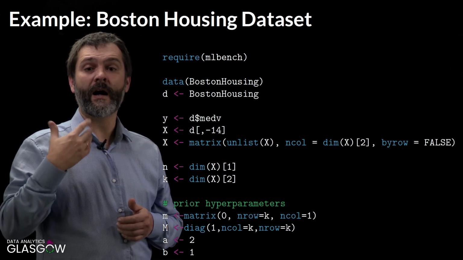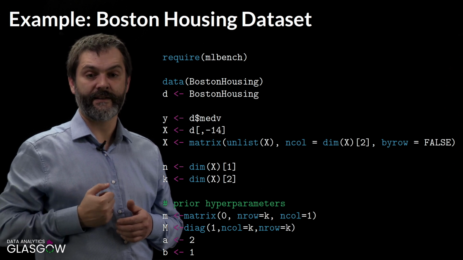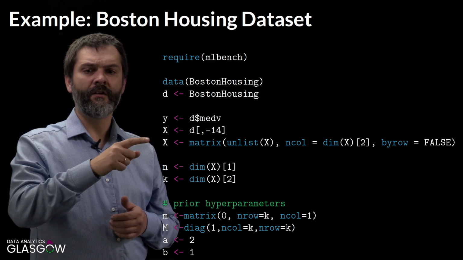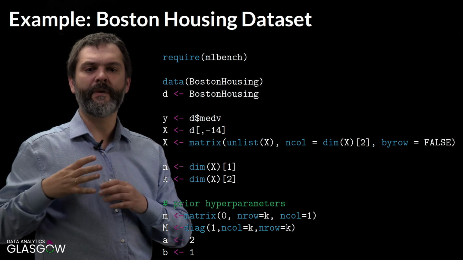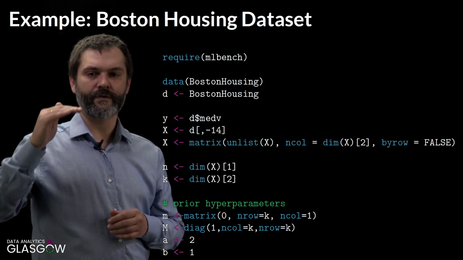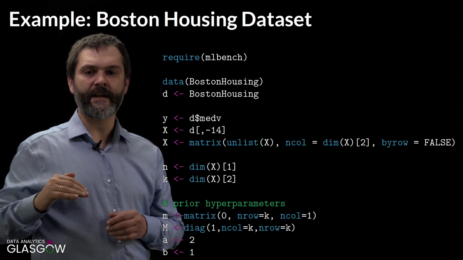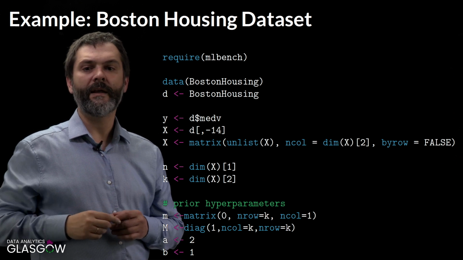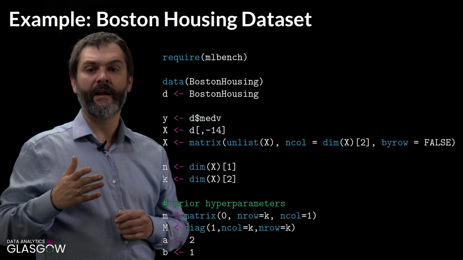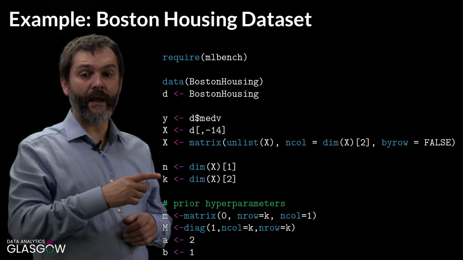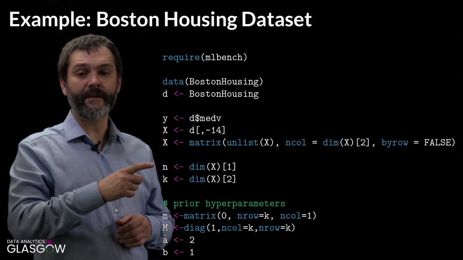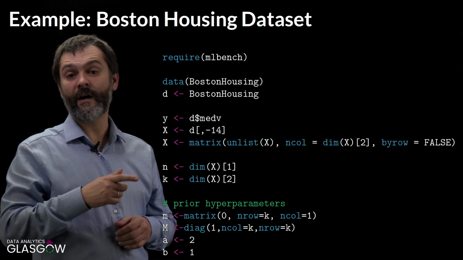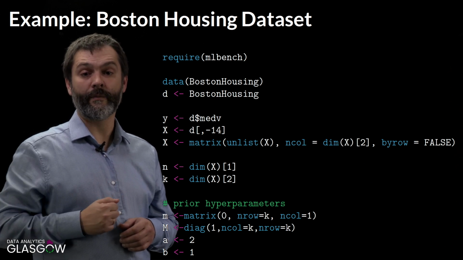X would be all the other variables in that dataset. We will quickly reshape that X to be a matrix, where rows would be different districts in the census, and columns will be different variables in that dataset. N would be the number of rows in X, and K will be the number of variables, the number of columns in X.